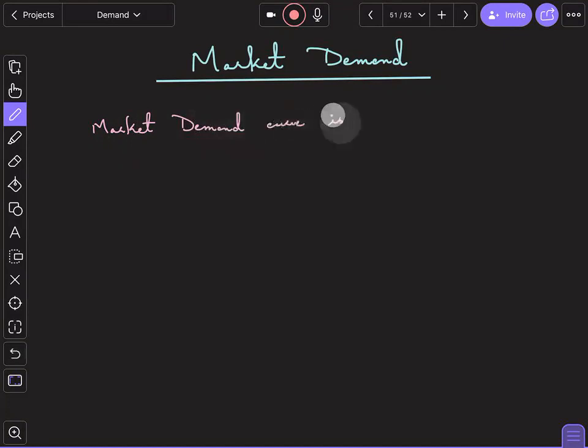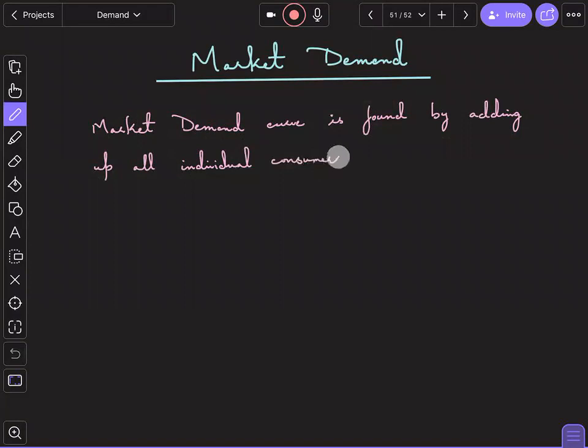The market demand curve is found by adding up all the individual consumers' demand at each price level.